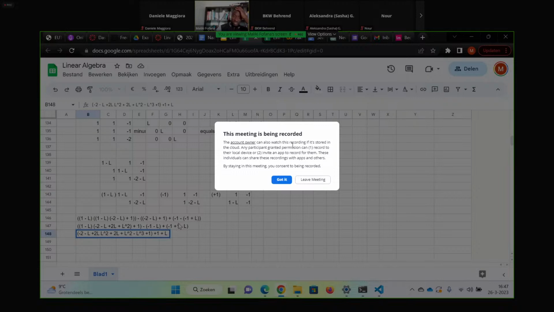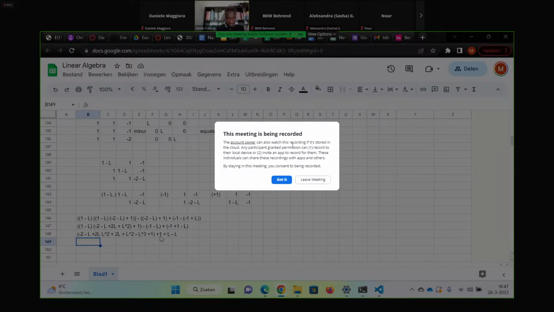Well, before I do that, the inner bracket says we have minus 1 plus 1 minus lambda. So if we take that, this will be 0, and then we will end up with plus minus lambda, right? I hope you see the step we're making, because we're going through it very slowly.